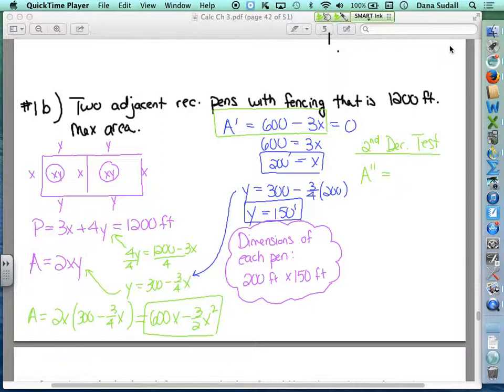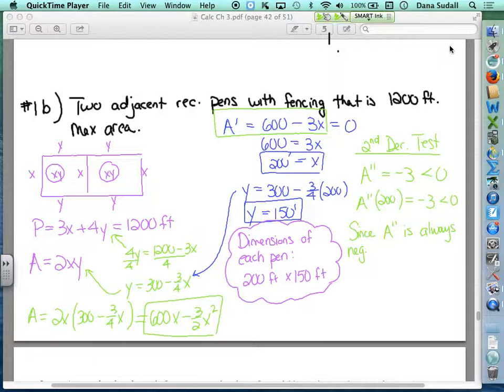So my second derivative: derivative of 600 is 0, derivative of negative 3x is negative 3. So my a double prime is always negative 3, it doesn't matter what my critical value is, which is always less than 0. So my statement would look like this. Since a double prime is always negative.